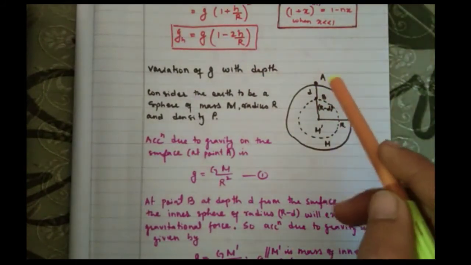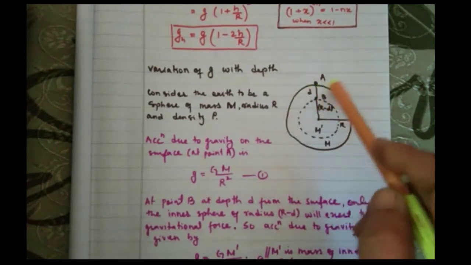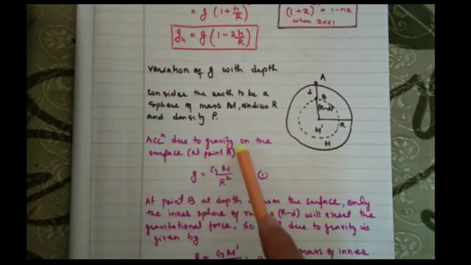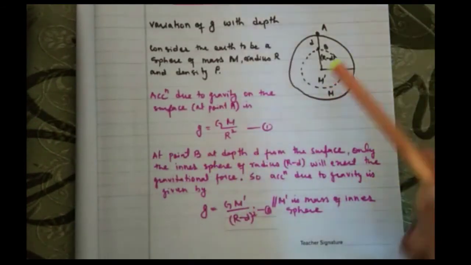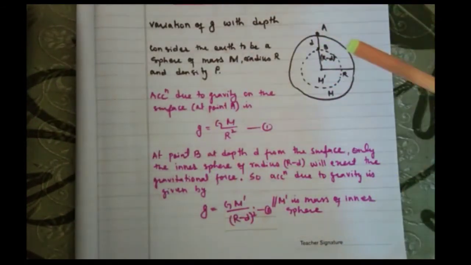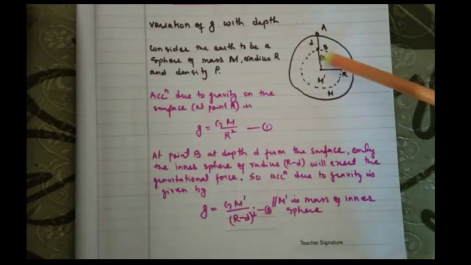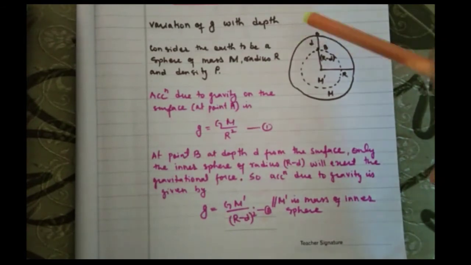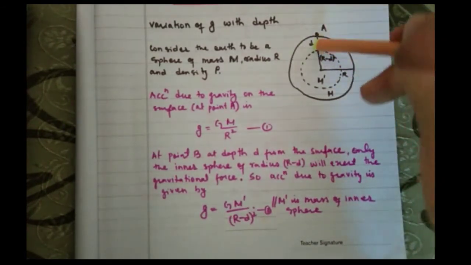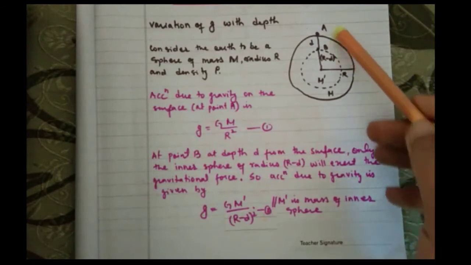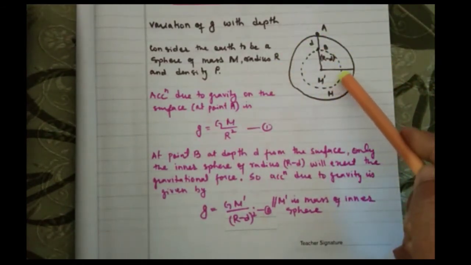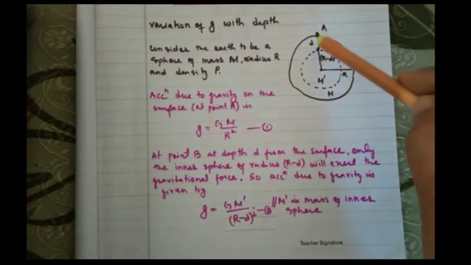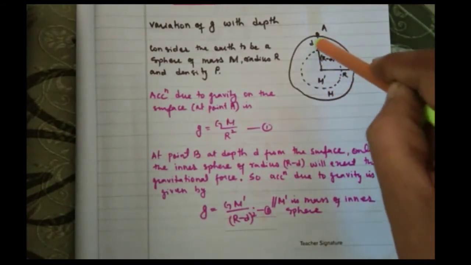Similarly, I can write the acceleration due to gravity at point A as g equals GM by R square. Now at point B, at depth d, the gravitational force will be due to this inner sphere, not the larger sphere. The portion outside point B will not exert gravitational force on point B. Only the portion inside this sphere will exert gravitational force on this point.